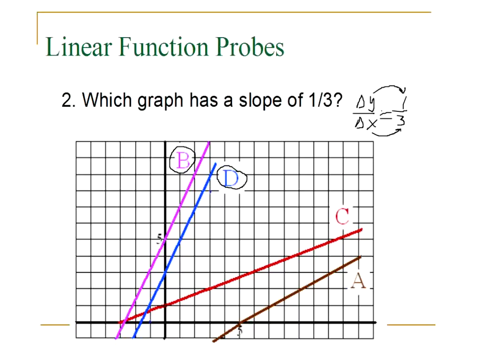So if I look here at the C graph, now this graph isn't drawn perfectly, but I can see that I'm going over 3 and up 1. And I do that from anywhere, over 3 and up 1. Whereas in A, I'm clearly going over 3 and then up more than 1. And so the answer here again is C.